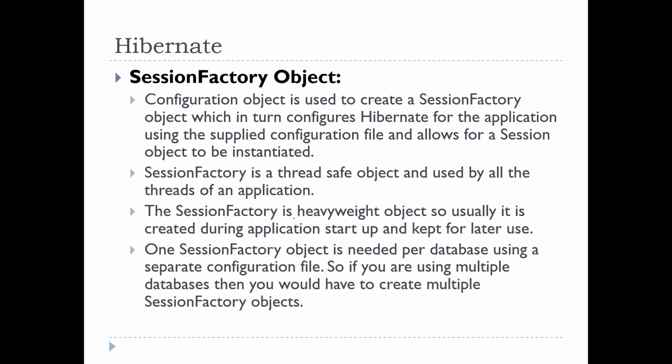So usually it is created when we start the application, and we keep it ready for use. So whenever we want a session, we can create a session from the session factory object. So basically, as the name suggests, a session factory is used for creating sessions. So that is why the name session factory. Also, it is a thread safe object, so it can be used by multiple threads simultaneously without any concurrency issues.